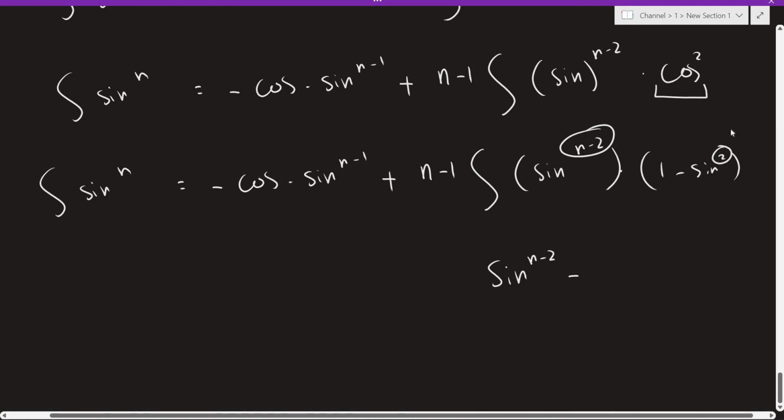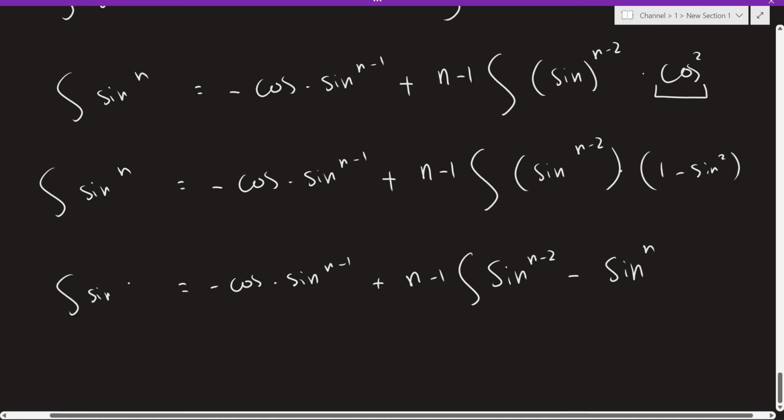So n minus 2 plus 2 is just n, and the answer will be sin^n. All right, let's write everything back. This is important when we prove. Times sin^(n-1) equal to sin^n.